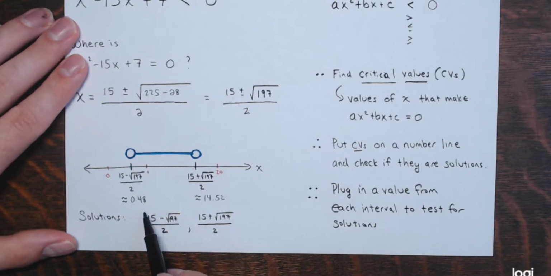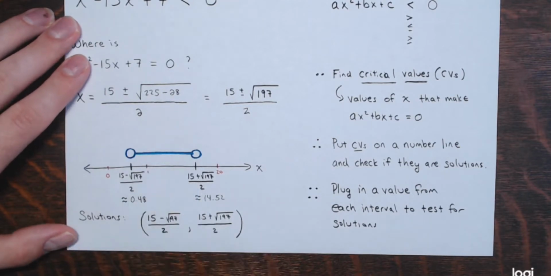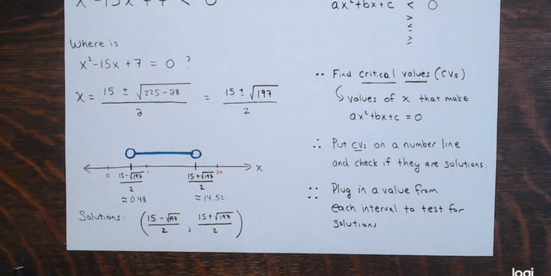And parentheses on either end, because those numbers themselves were not solutions. I had open points, and this is what I'm going to be entering, this interval.